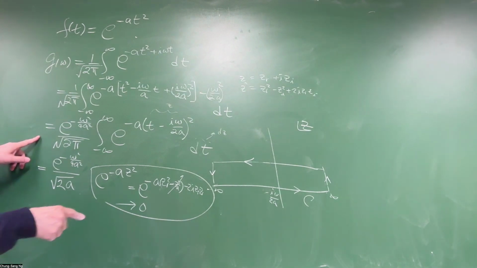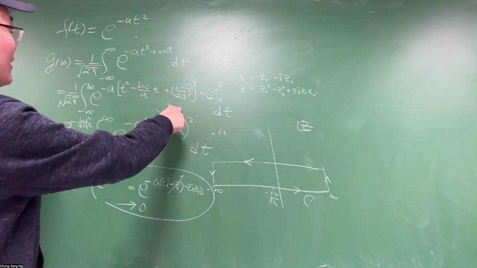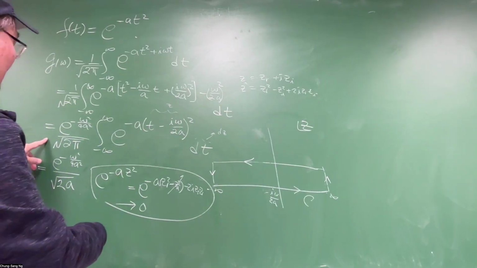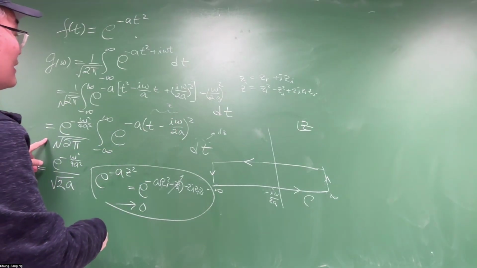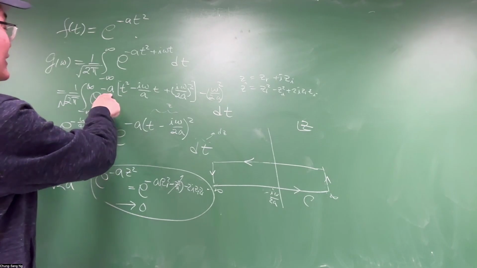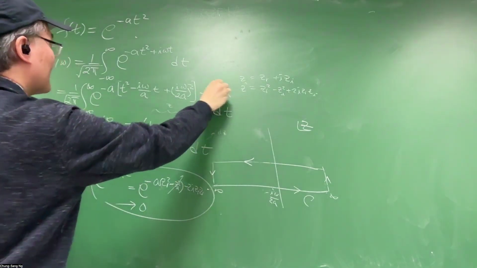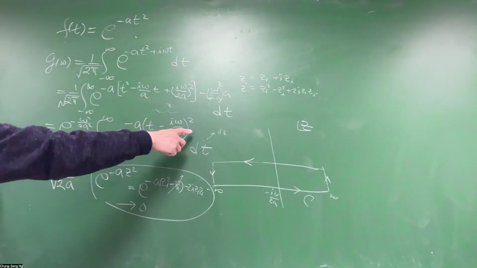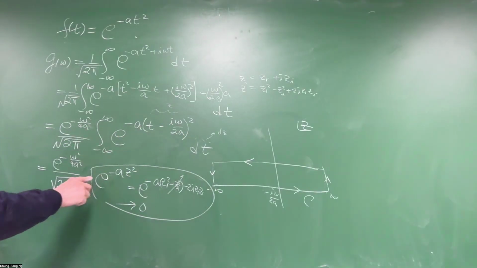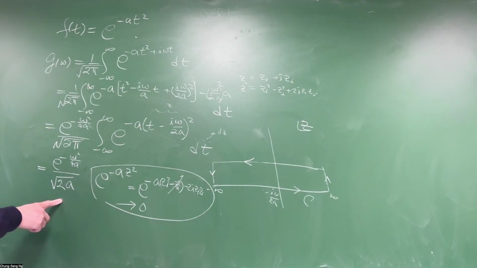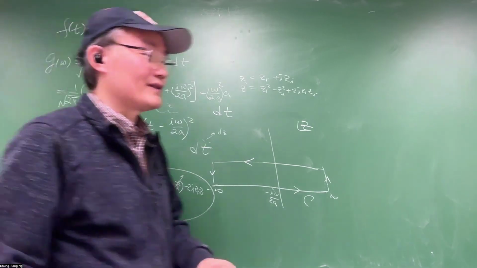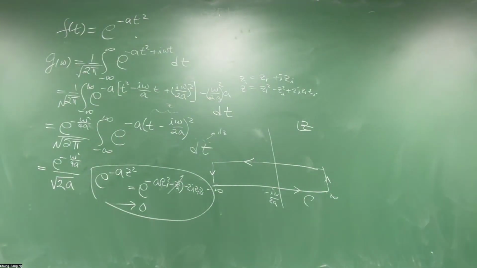You need one more a in the last digit. Ah, yeah, there's an a. That's why I didn't get it correctly. So cancel it. Right, that is more like it. I forgot this a factor. All right, so that is this formula.